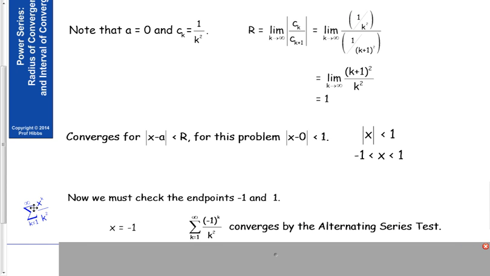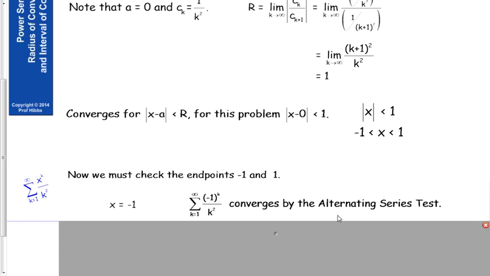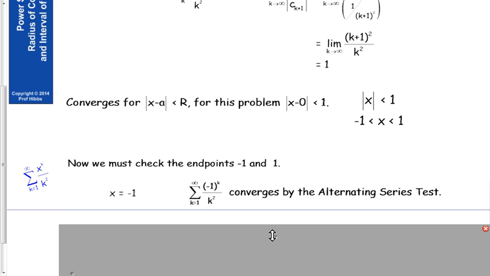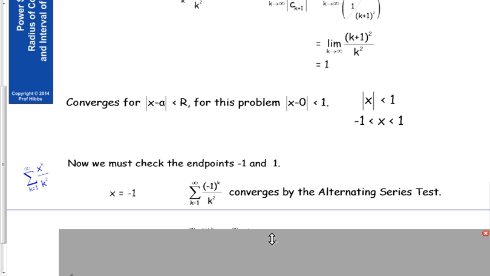So all we're doing is replacing x with -1. And I'll tell you quite quickly, it would not be hard for you to check, and this is something you do in your problems. Don't make an assumption, but this is an alternating series, and it passes the alternating series requirements, and since it does, that series in fact converges. So we know it converges when x is -1.